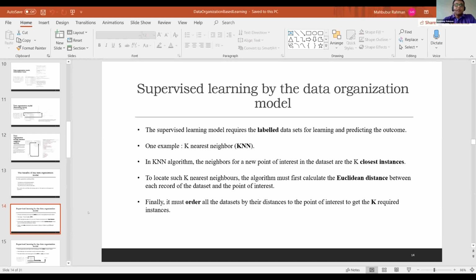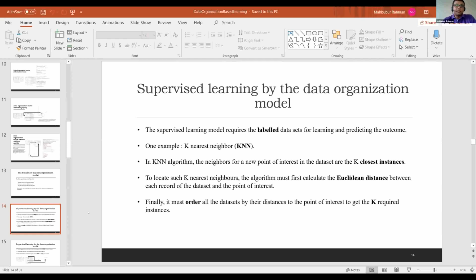The supervised learning model requires the labeled data sets for learning and predicting the outcome. One example can be k nearest neighbor. In k nearest neighbor algorithm, we know that the neighbors for a new point of interest in the data set are the k closest instances.